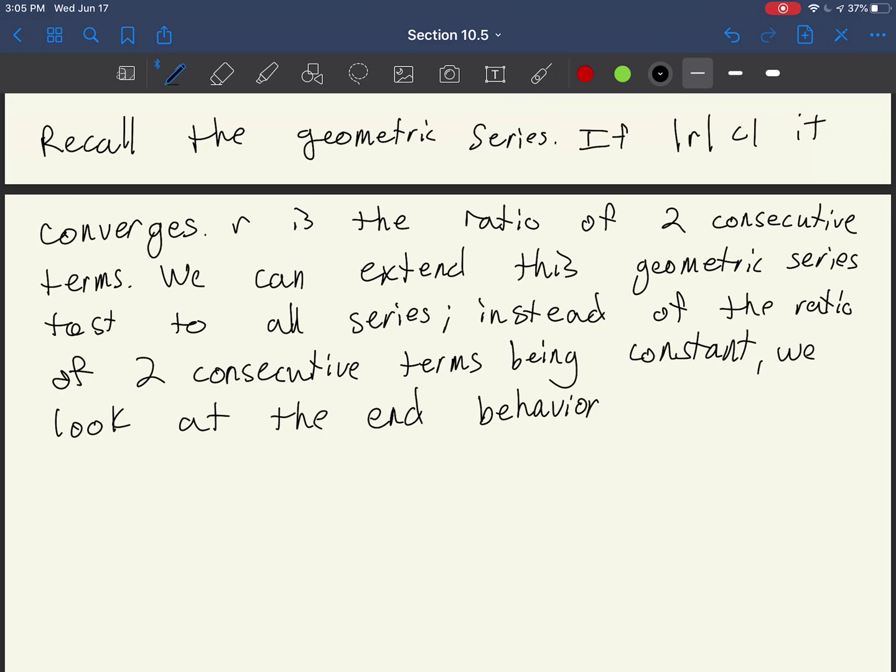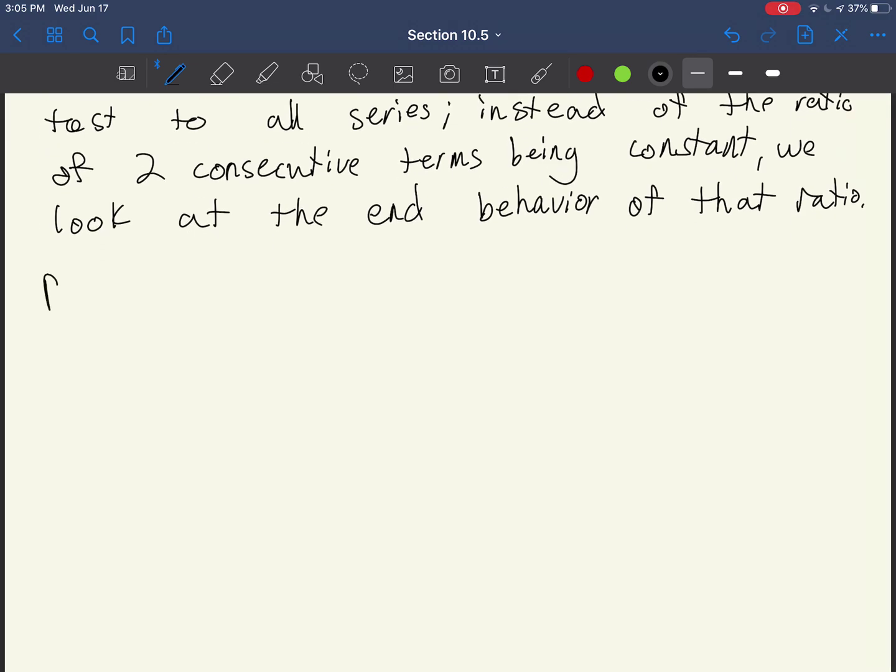Because at the end of the day, all we care about with series is how it behaves at the tail. Okay, so that leads us to the ratio test.